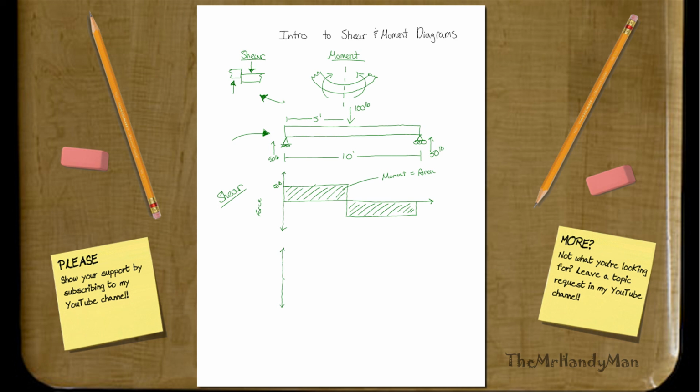Case in point. What would this look like? You can see that 50 times the distance, which would be 5, because it's 5 feet to here. So the moment right at halfway is going to be 5 times 50, which would be 250.